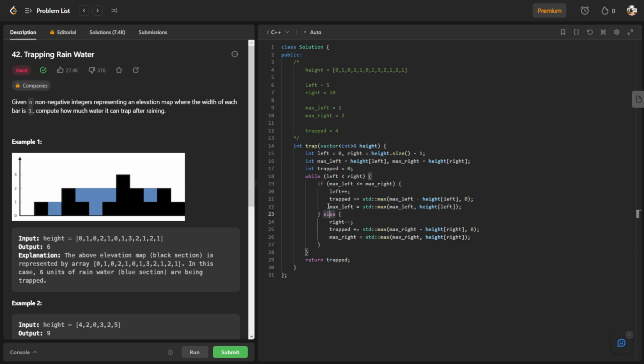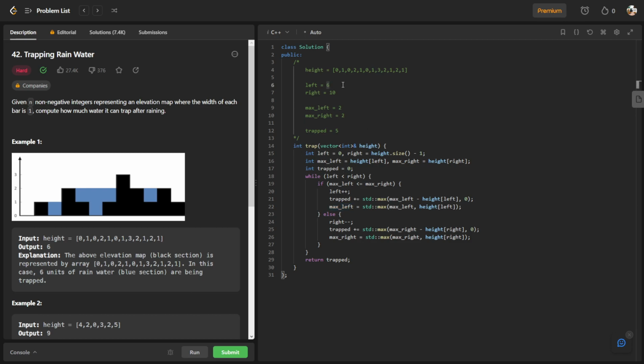Then we update max left, but we don't need to because the height is 0. The same thing for this again. This will increment our left by 1, and then we check whether there's any trapped water, which there is, so it becomes 5. We don't need to update max left because the height is 1.